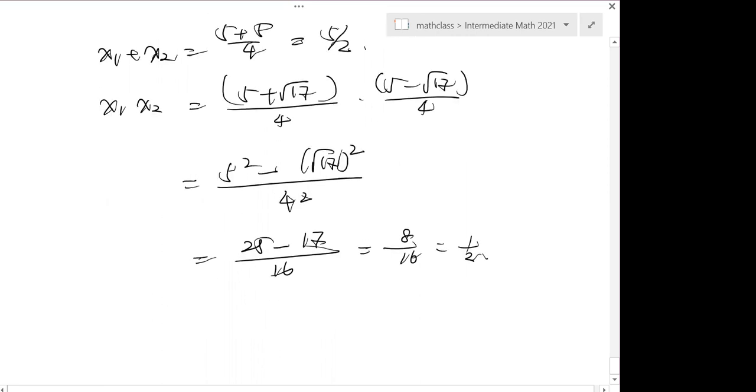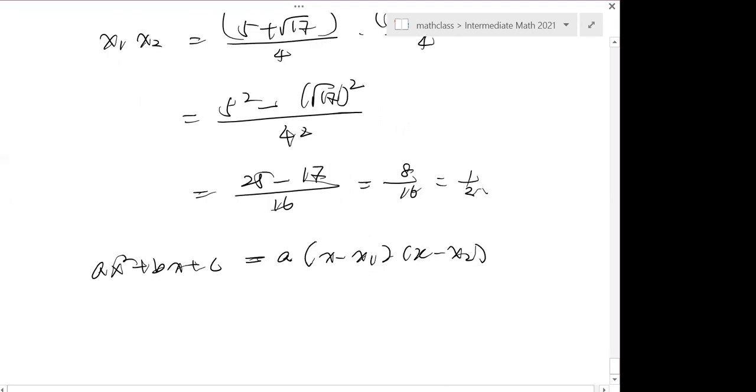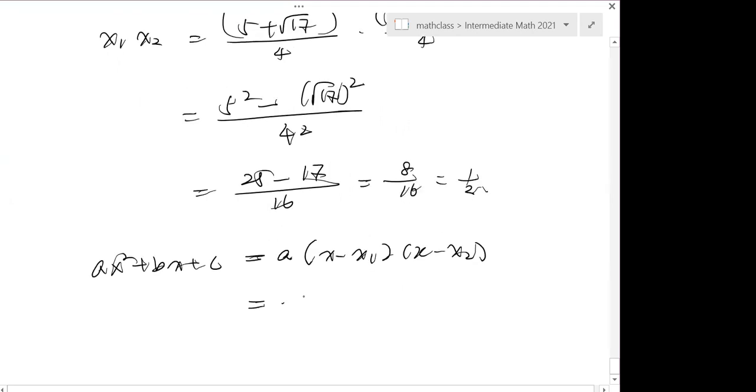So why is this always true? Let's take a look at this, okay? If ax squared plus bx plus c has two roots, then this can be written as a times x minus x1 times x minus x2. So if we multiply this out, it will be x squared minus x1 x minus x2 x, plus x1 x2.